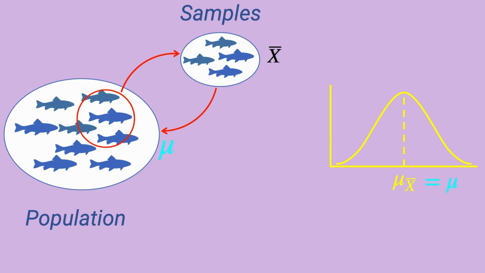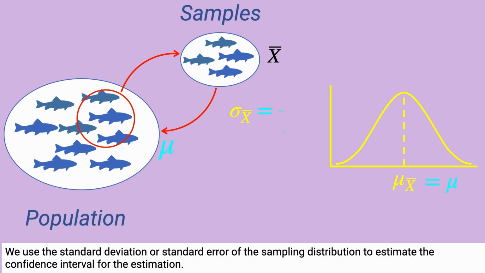Then we use this sample to estimate the mean of the population. In this case, we use the mean of the sample as the point for estimation. We use the standard deviation or standard error of the sampling distribution to estimate the confidence interval for the estimation.